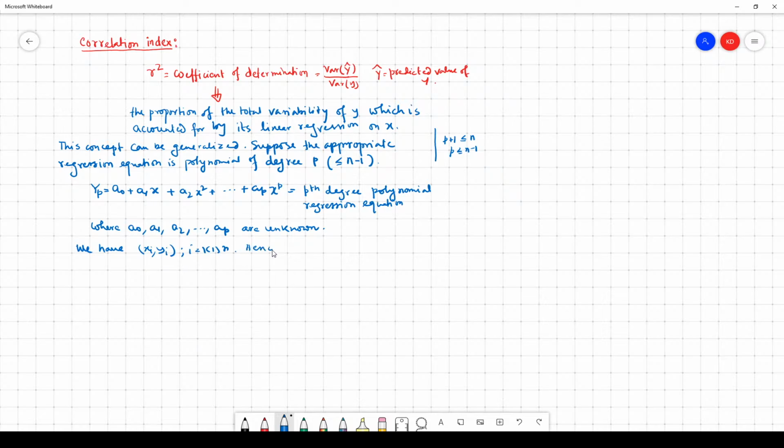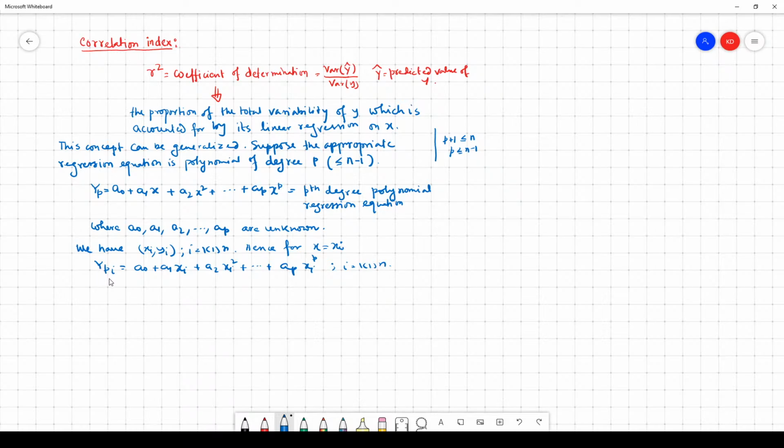Hence, for x equal to xi, this is written as capital Ypi equal to a naught plus a1 xi plus a2 xi square plus ap xi to the power p, and i from 1 to n.